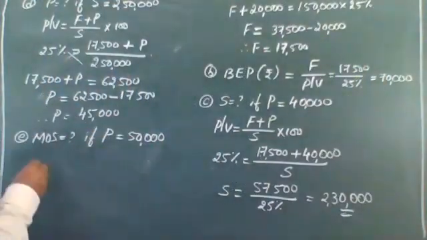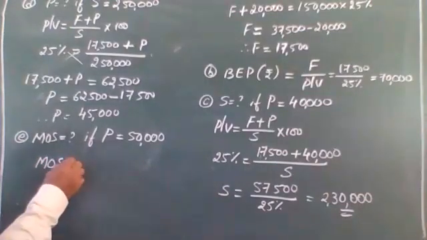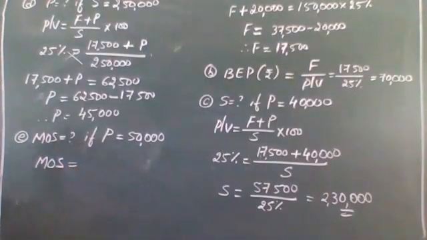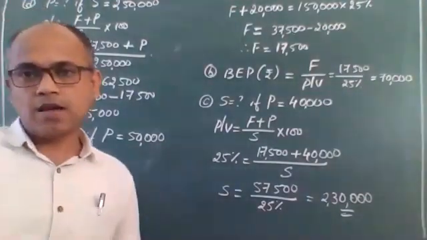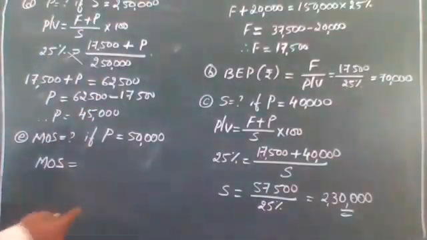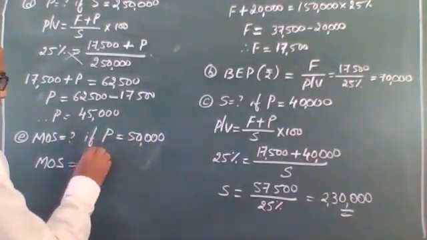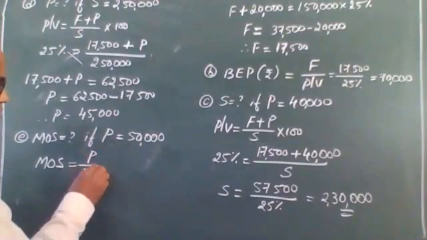Now tell me which formula I am going to use. MOS, we have two formulas here. One is total sales minus break-even sales, and the other one is profit by PV ratio. Which one do you think is more appropriate? Because profit is given, the most appropriate formula is profit by PV ratio.